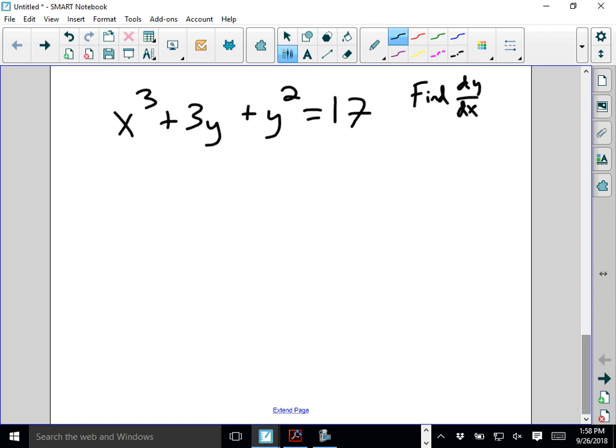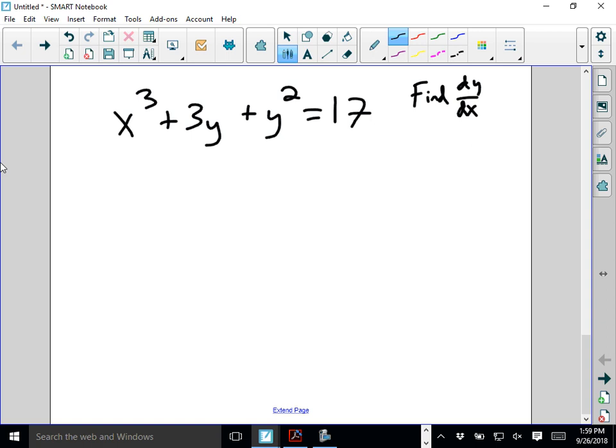Just like the last problem, this one doesn't have any product rule or quotient rule or chain rule in it. But what is different here is notice that y shows up in 2 different places. I have the 3y term right here, and I have a y squared term. Every time I do a derivative of y, I have to tack on dy dx.